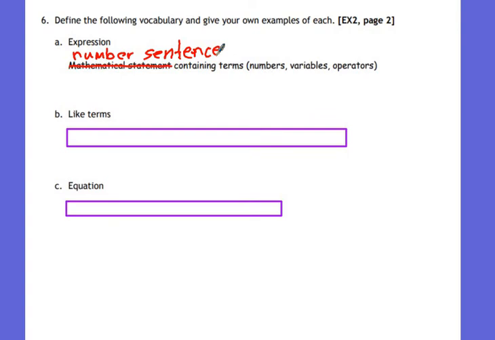What are operators? Oh, the plus, minus, multiplication, division. So give me an example of an expression. Well, wait, first, important: does it have an equal sign? No, no equal sign.